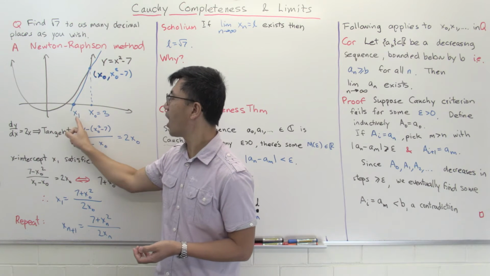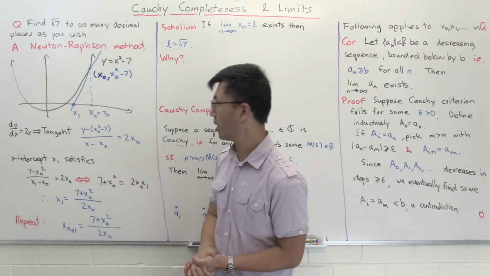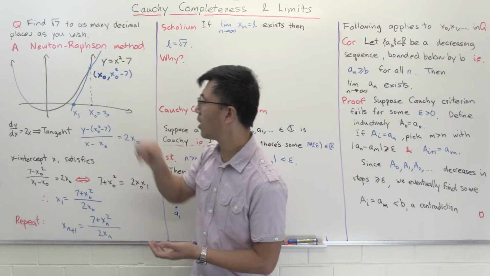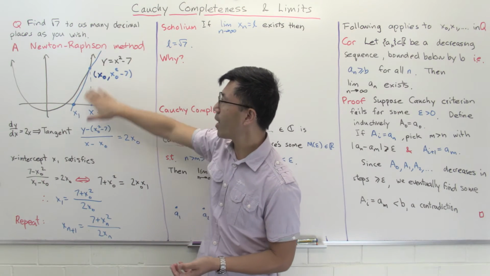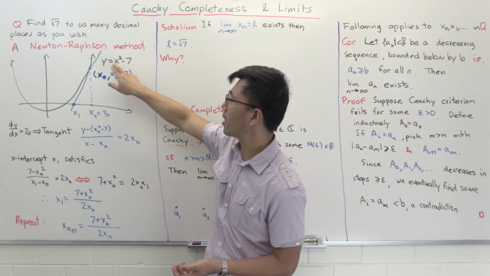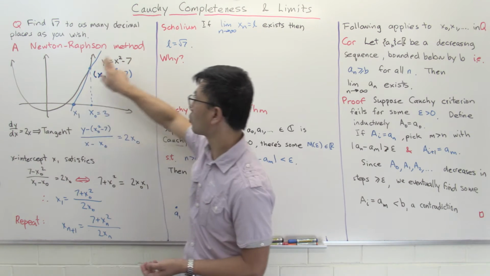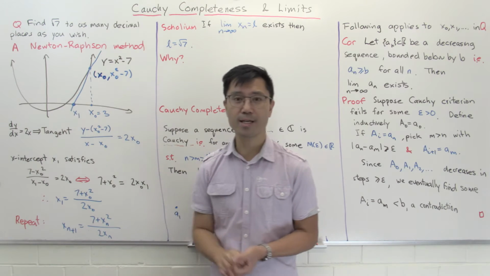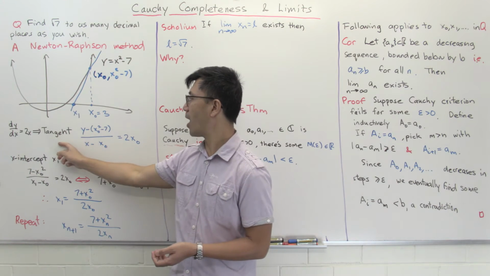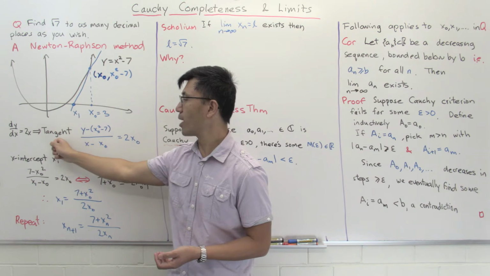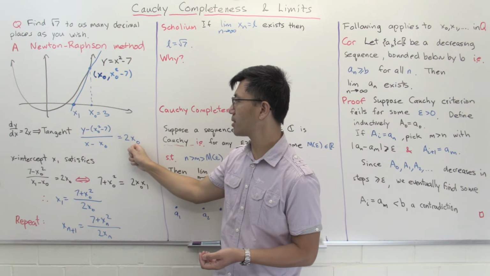Let's find the formula for this x1. We need to compute this tangent line. The first thing we need is the gradient. So we differentiate to get dy/dx equal to 2x. That's the gradient, and we want the tangent line at this point, so the gradient there is 2 times x0.